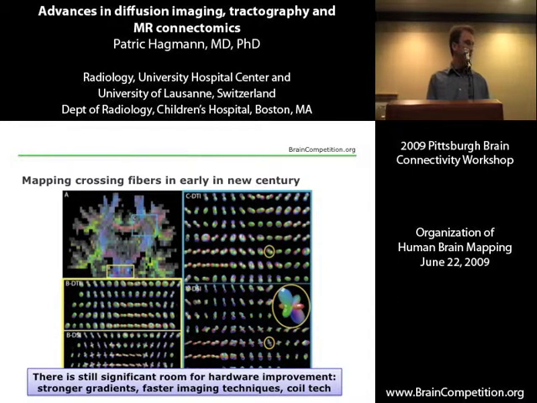Nevertheless, in my opinion, there is still significant room for hardware improvement and MR technology. I believe that stronger gradients, faster imaging techniques, and coil technology will, in the next 5 years or so, significantly further improve our imaging ability of fiber tracts.